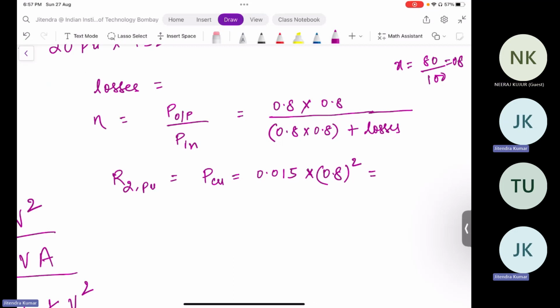So it will come out to be 15 into 64. Could you please compute it for me?